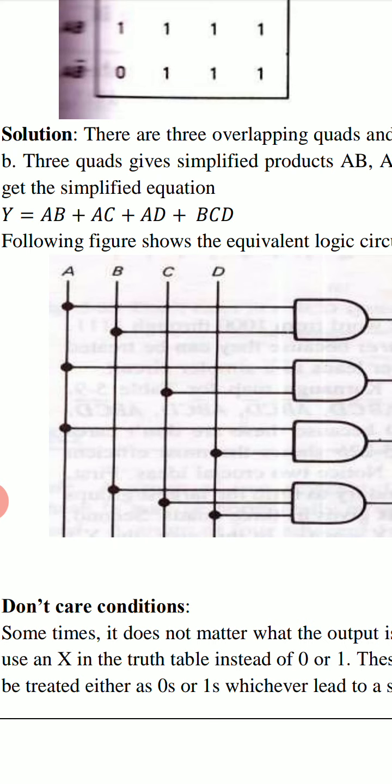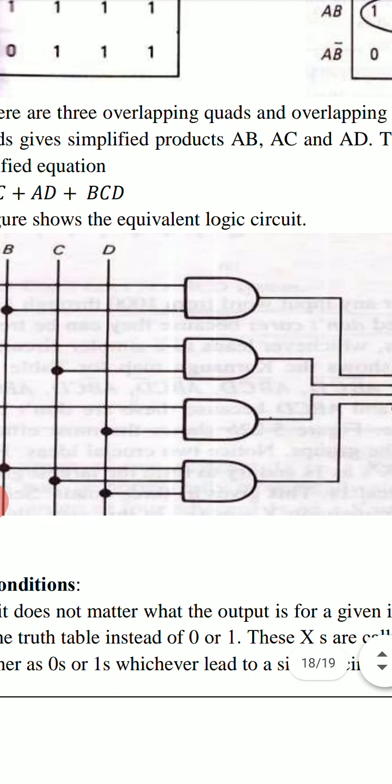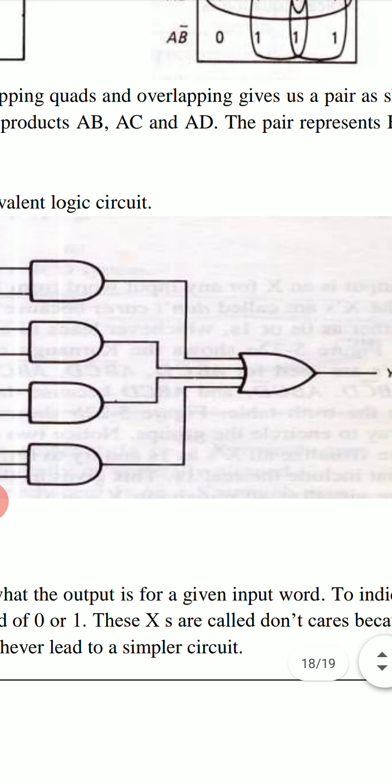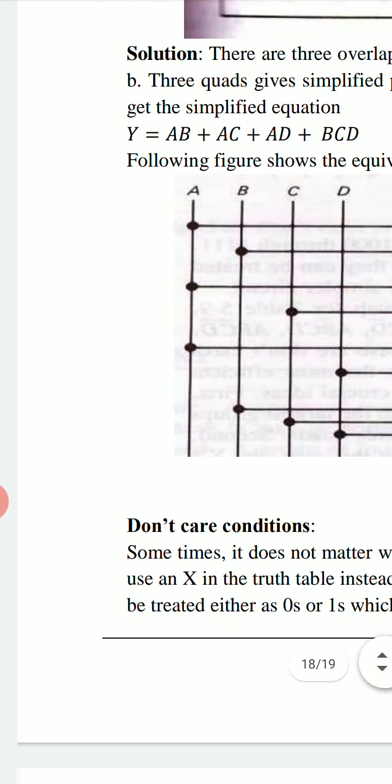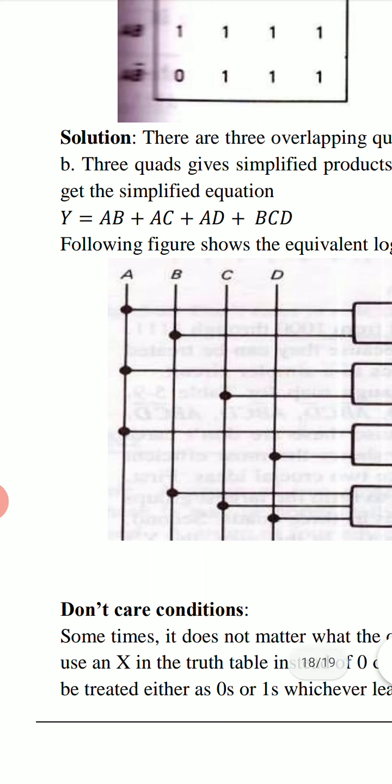In one AND gate we have inputs A and B. In other AND gate we have inputs A and C. In one we have inputs A and D, and in one AND gate we have inputs B, C, D. And output of these AND gates are made input of this OR gate, and output of this OR gate is y according to this expression.